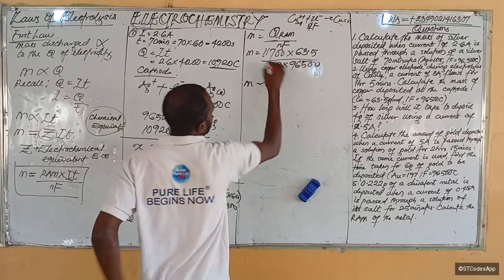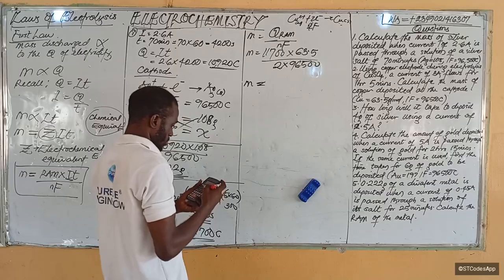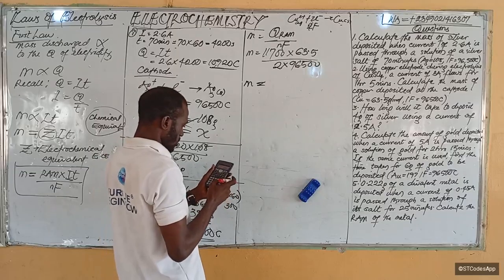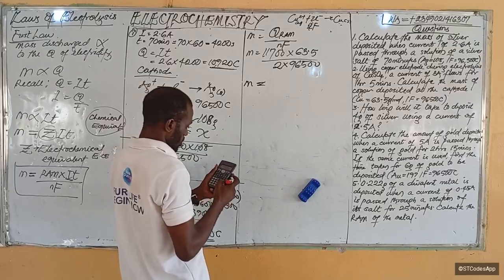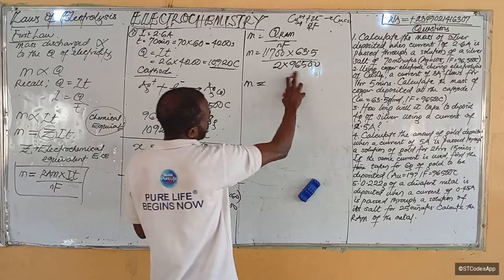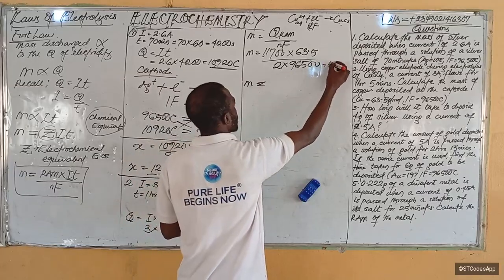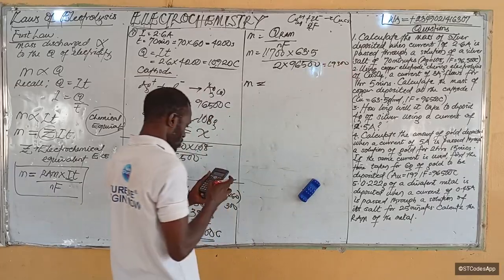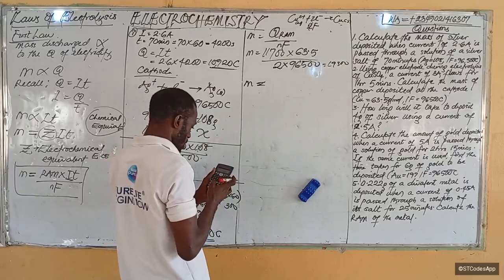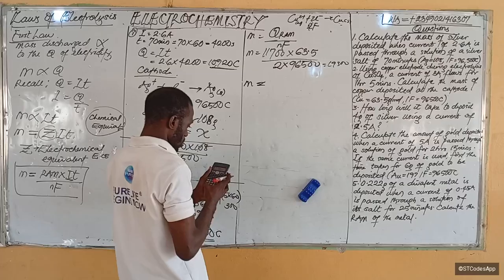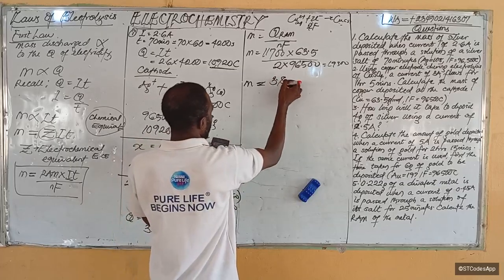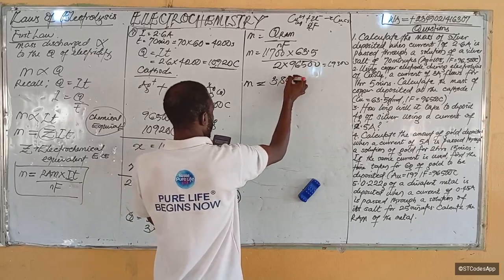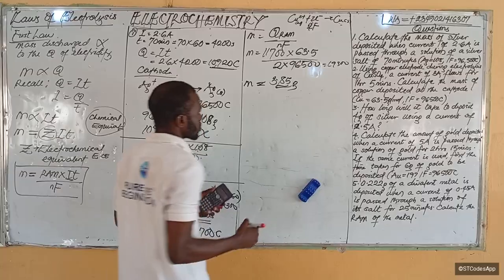So this is what you do. M is equal to all of this times 63.5, is equal to this divided by 193,000. So divided by 193,000, it is equal to 3.85 grams.